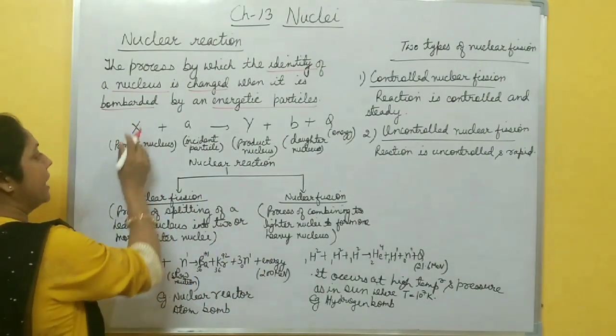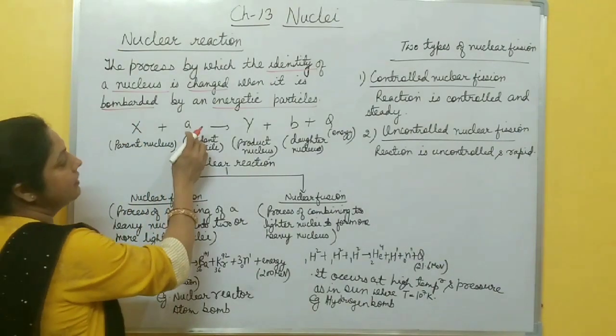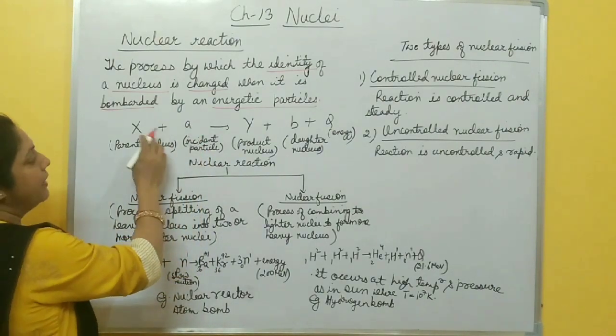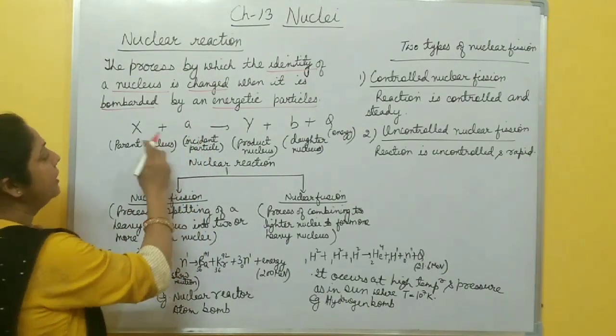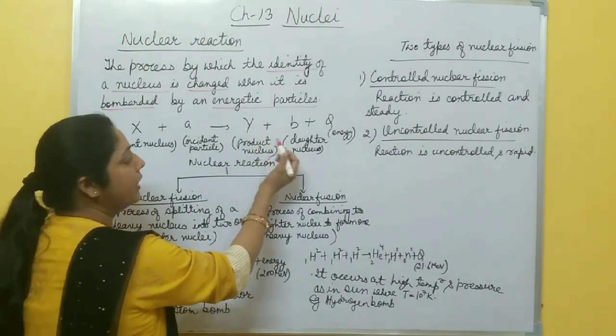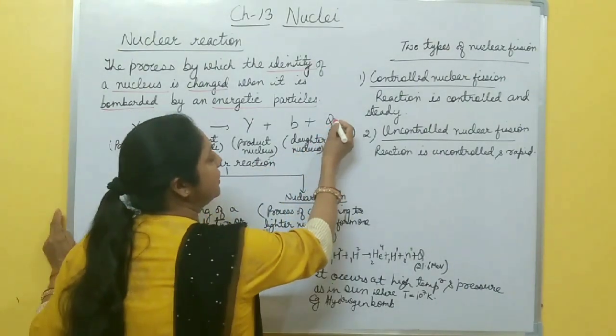Suppose this X is a parent nucleus, and it is bombarded with this high energy particle A. Now what happens after bombarding with this high energetic particle? This parent nucleus is changed into a product nucleus Y plus another daughter nucleus B, and a large amount of energy Q is released.